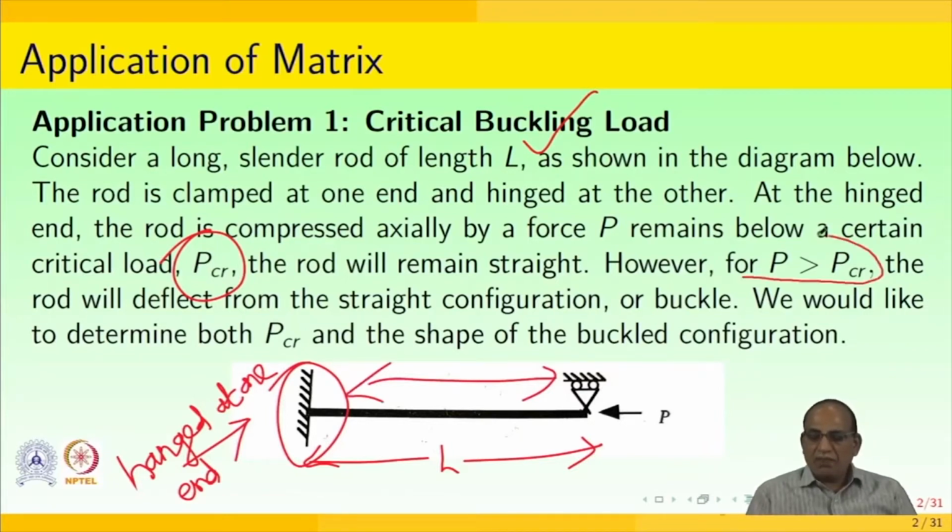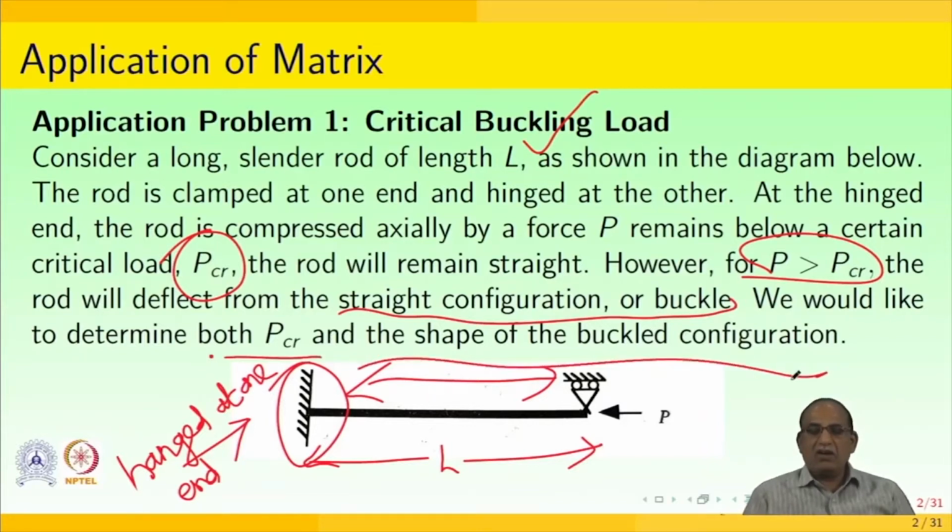However, for P greater than P critical, the rod will deflect from the straight configuration, or buckle. We would like to determine both P critical and the shape of the buckled configuration. So this is how the load is applied over here, and this is the hinged end, this is the clamped end, and this is the length of the rod.